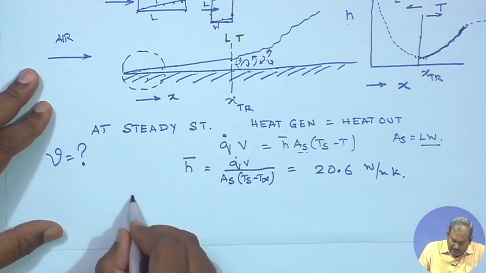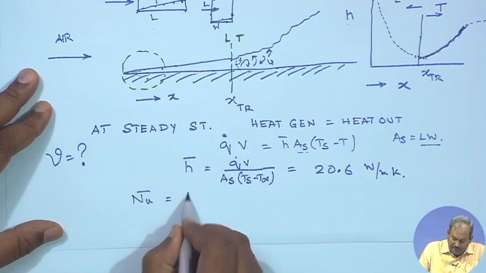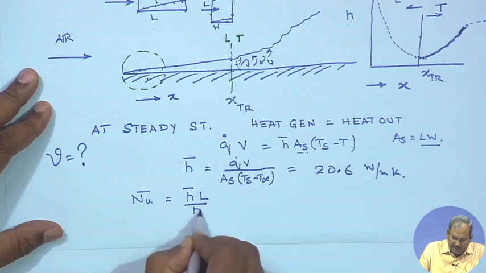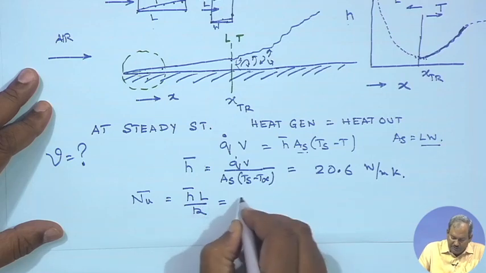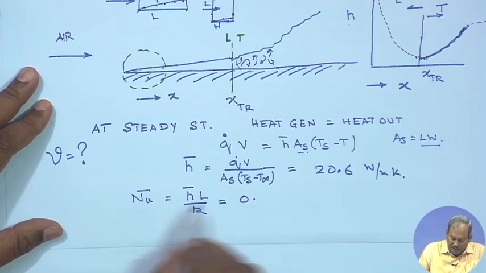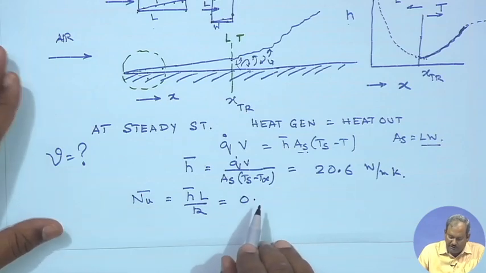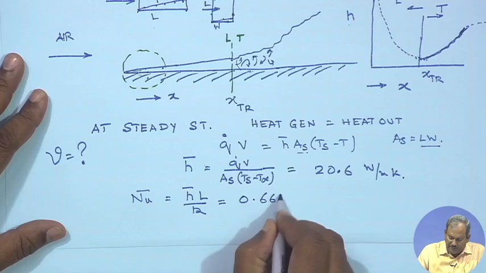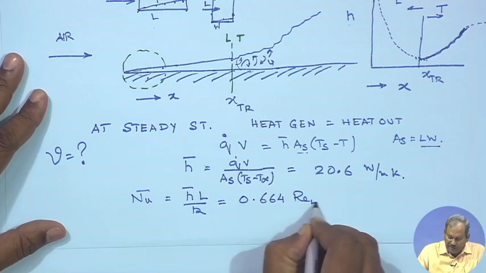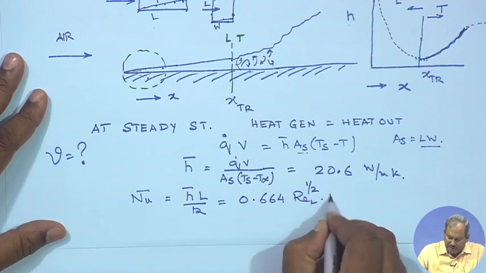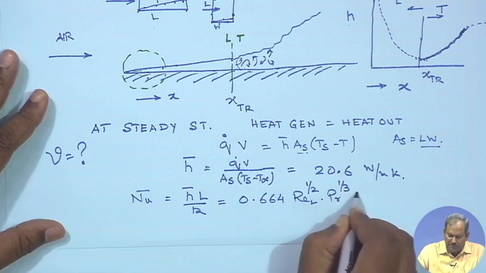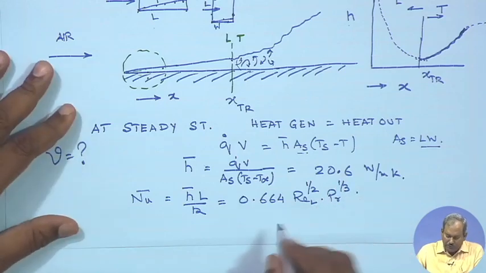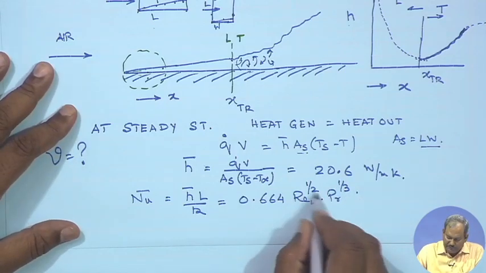So, your Nusselt number relation is simply H bar L by K, which if we assume it to be laminar flow, we do not know whether it is laminar flow, we will check later on, but for laminar flow, the relation is Re_L to the power half times Prandtl number to the power 1 by 3.